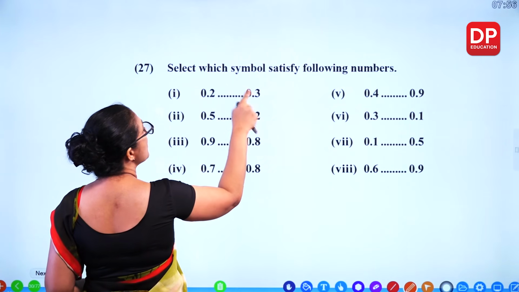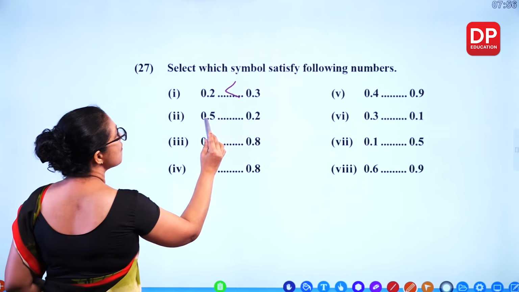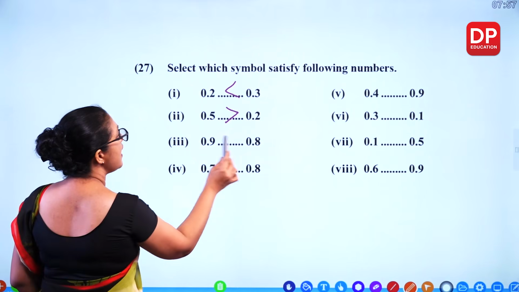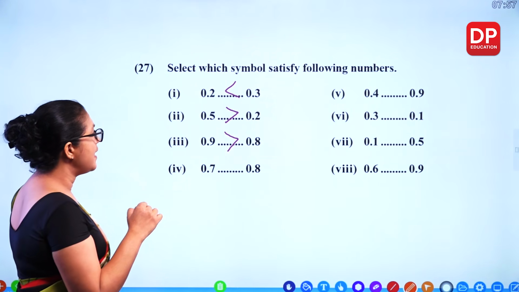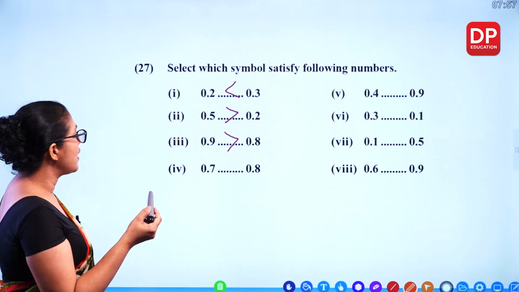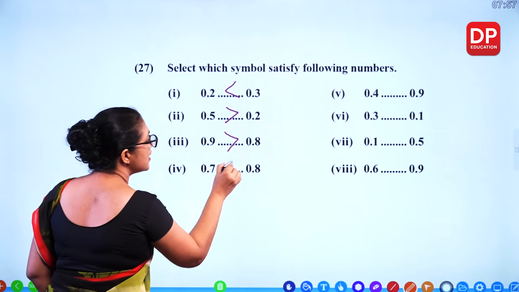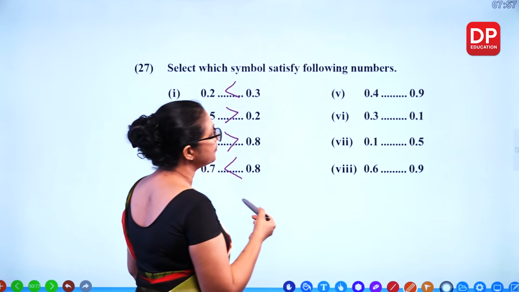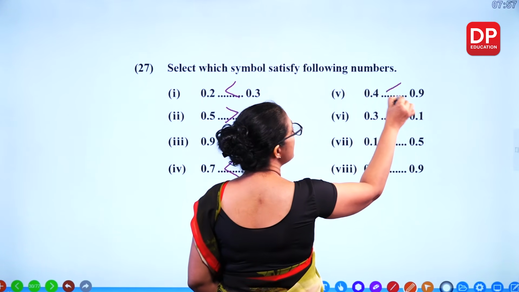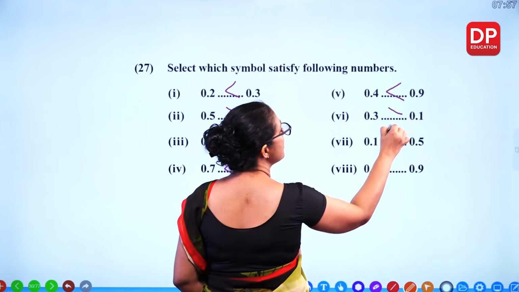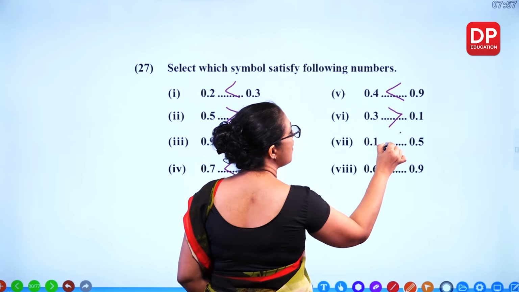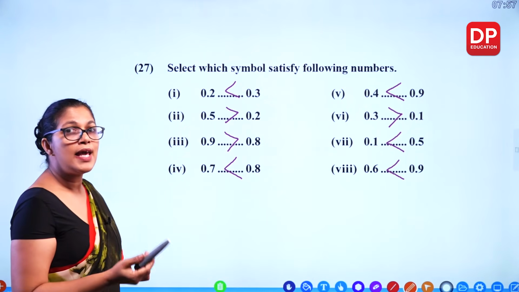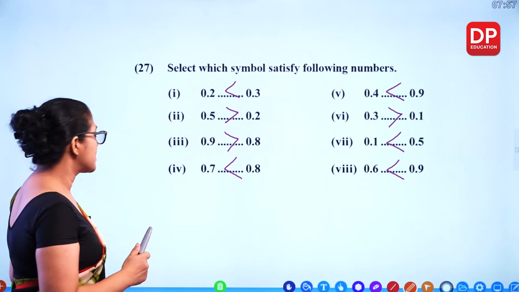Which one is bigger? 5 and 2: 0.5 is bigger than 0.2. 9 and 8: 9 is bigger than 8, so 0.9 is bigger than 0.8. 7 or 8: 8 is bigger, so 0.8 is bigger than 0.7. 4 and 9, 9 is bigger. 3 and 1, 3 is bigger. 1 and 5, 5 is bigger, and 6 and 9, 9 is bigger. So that's how we compare decimal numbers.